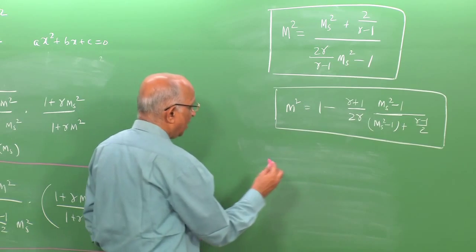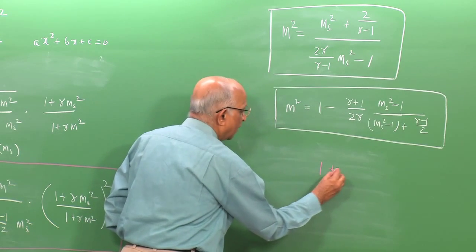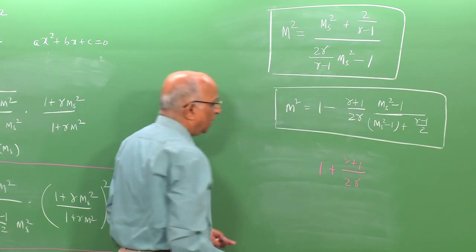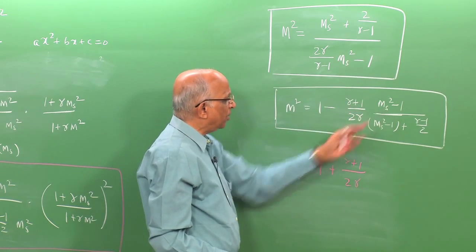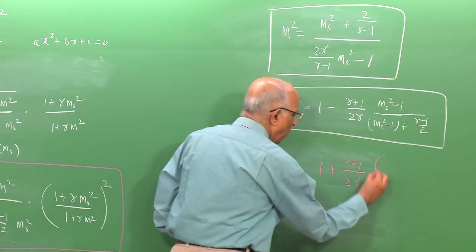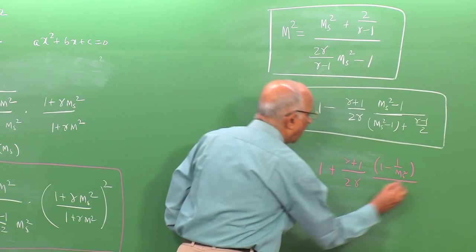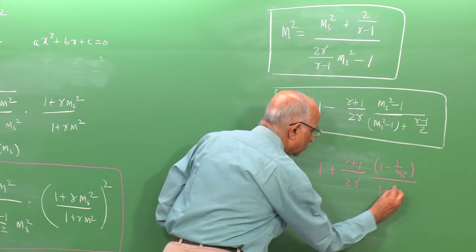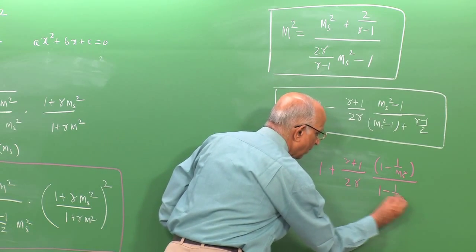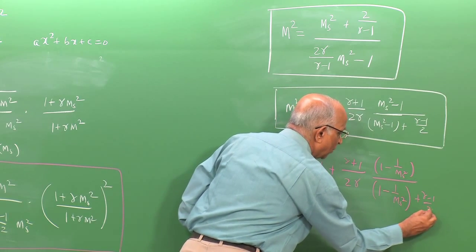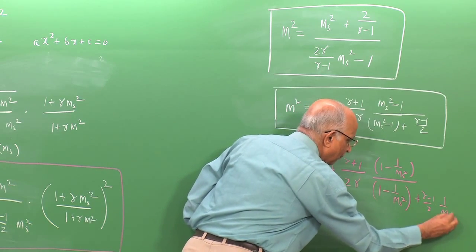Let us put it down: 1 plus, I get gamma plus 1 divided by 2 gamma. Let us divide the numerator and denominator by Ms square. I get 1 minus 1 over Ms square divided by 1 minus 1 over Ms square, because I am dividing, plus gamma minus 1 by 2 into 1 over Ms square.